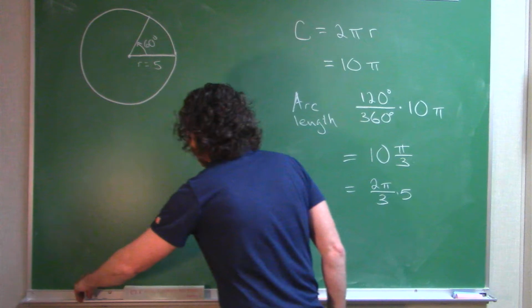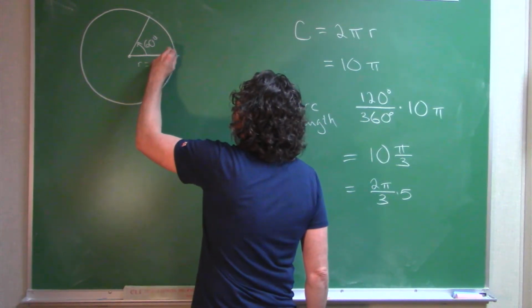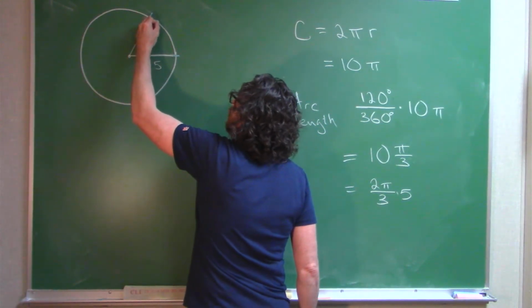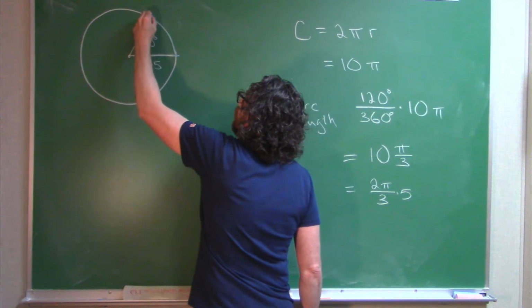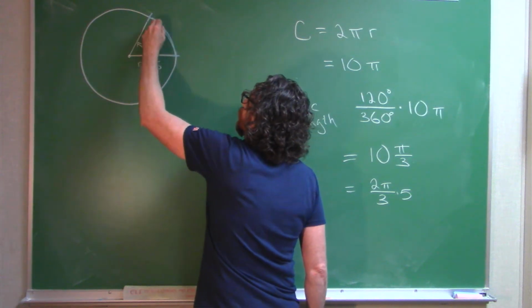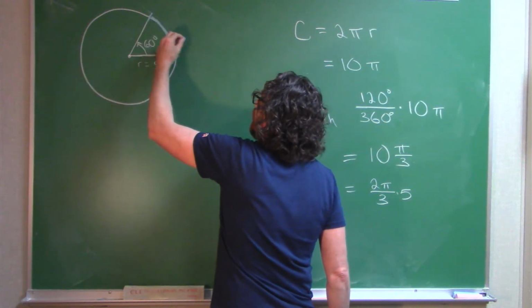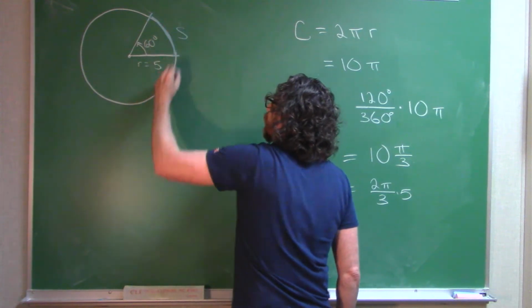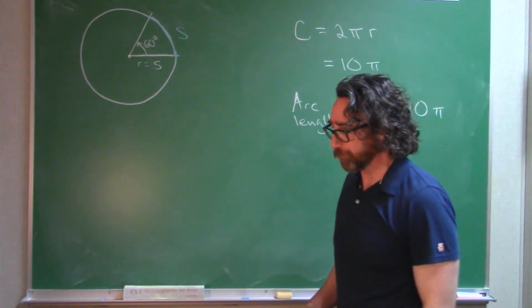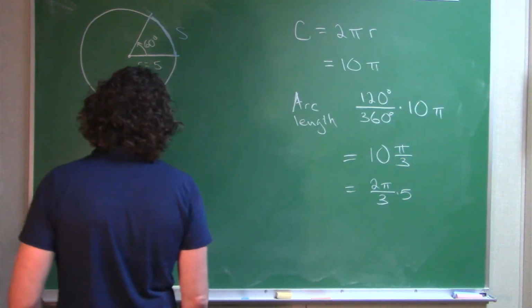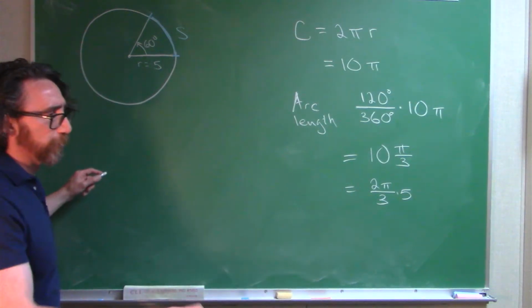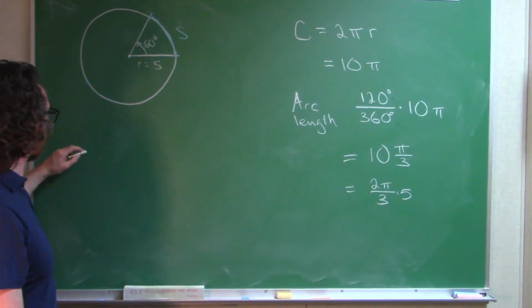Let's talk about that arc length. In other words, I'm talking about this distance right here. I'll try my best to highlight it in blue. What is that length? We'll call that S, S for the Latin word for distance.